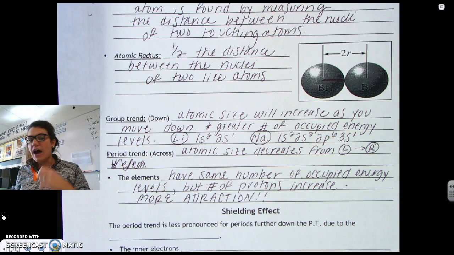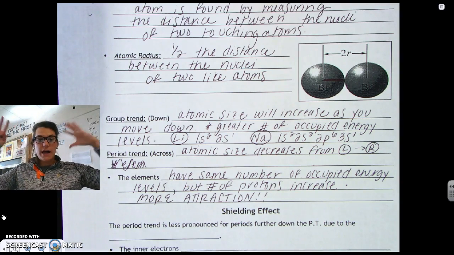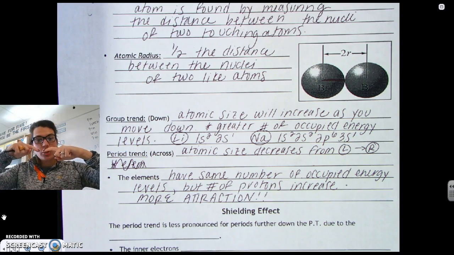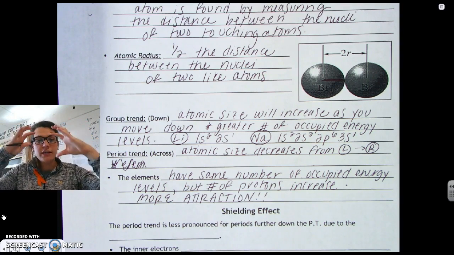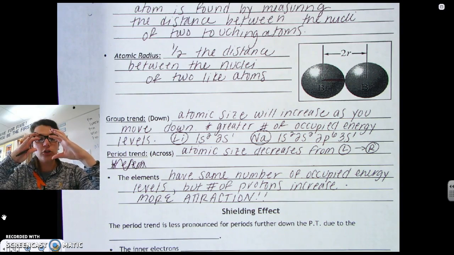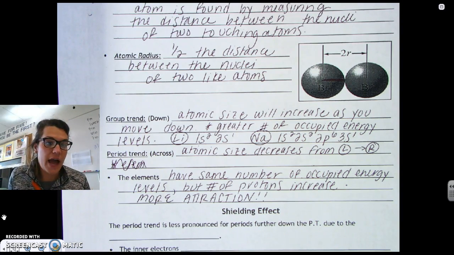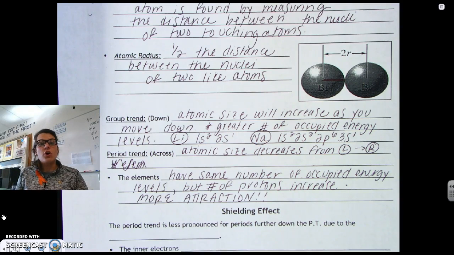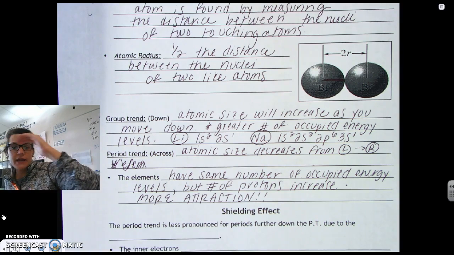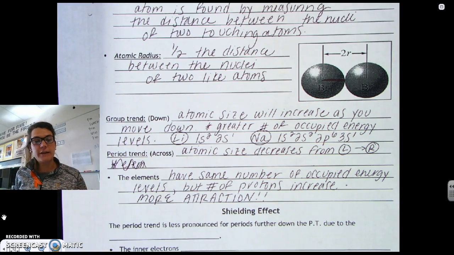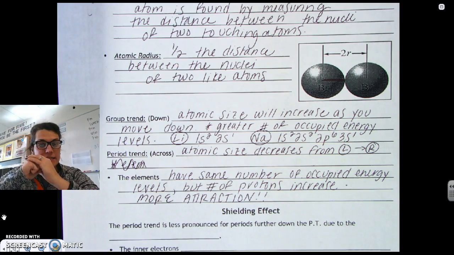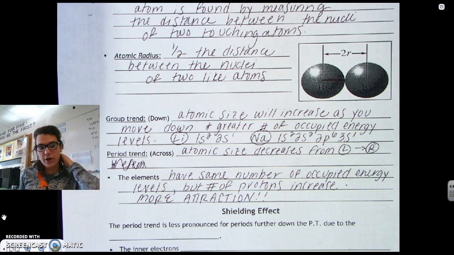Meaning, if I have electrons outside floating around, and there is a more positive charge in the center, those electrons are going to want to be closer to the center of the atom. So as the number of protons increases across a period, there's more attraction from the negative to the positive inside of the center. More attraction equates to a smaller atom.